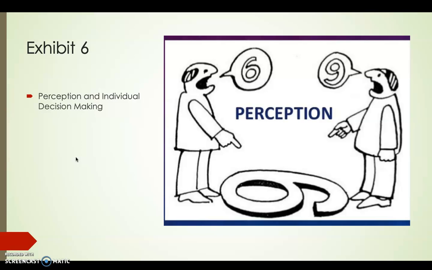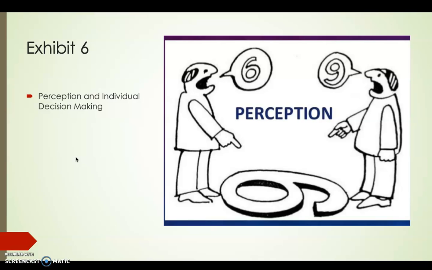Exhibit 6, we speak on perception and individual decision making. Now, perception is the way a person organizes the inputs around them to make sense of the world. Now, why is this important? Perception heavily impacts the decisions people make.